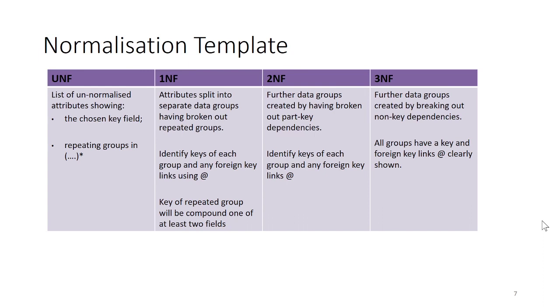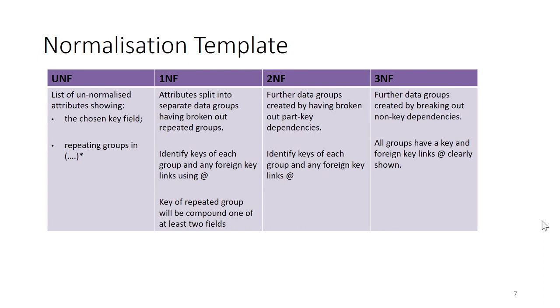As you can see here, from UNF, a list of un-normalized attributes, perhaps there are some keys, the chosen key field, and there would be some repeating groups. We will look at the details in a minute. Then in first normal form, the attributes are split into separate data groups, having broken out repeated groups.